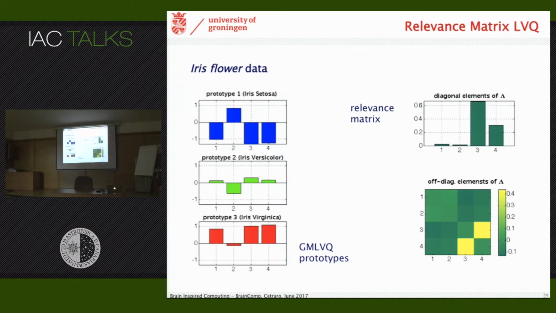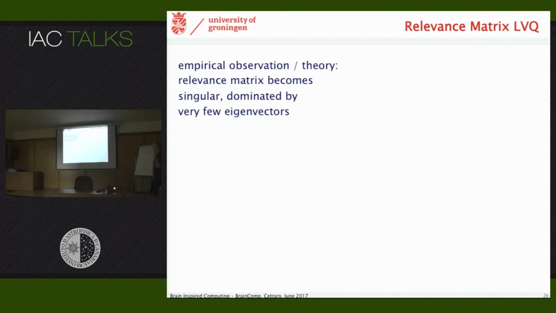And you see, so this we can interpret as representatives of the classes. And this is the relevance matrix in terms of the diagonal elements. And this tells me feature 1 and feature 2 are apparently very unimportant for the classification. It's 3 and 4 that is most important. And this is the interplay. I can read off here how important is a pair of features in the distance measure.